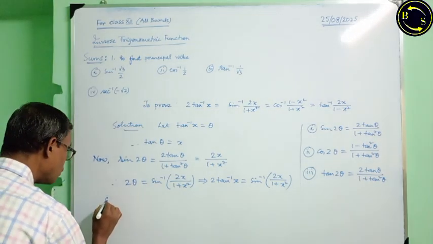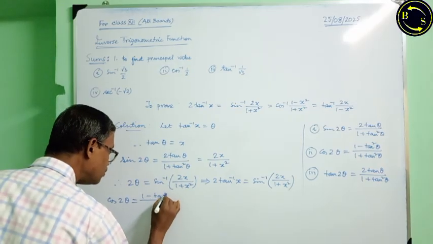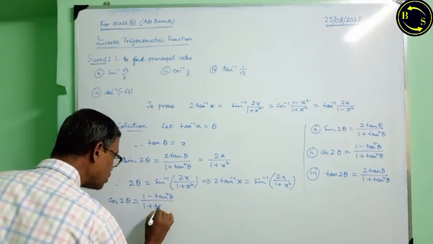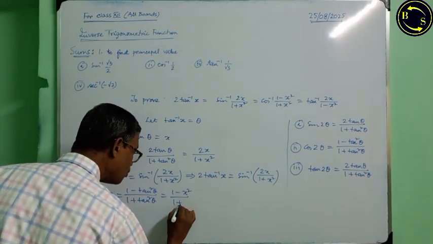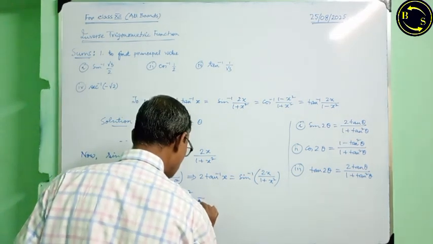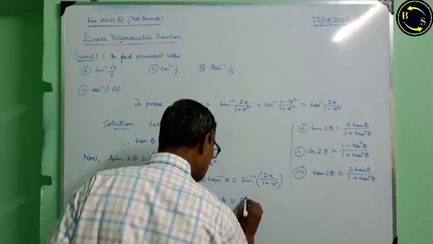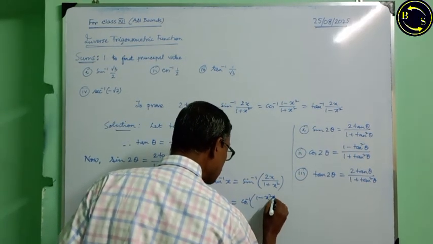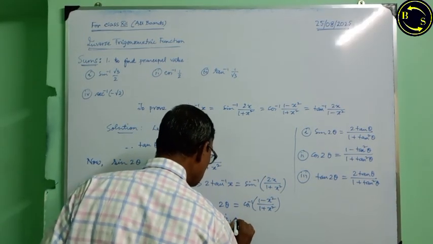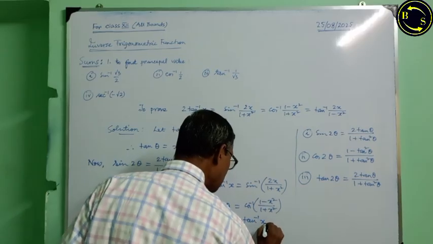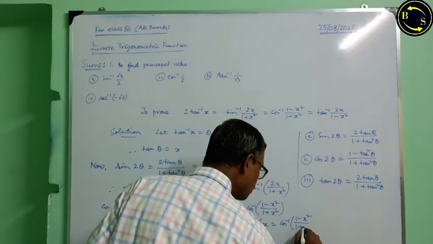Next, cos 2 theta, 1 minus tan square theta by 1 plus tan square theta, that is 1 minus x square by 1 plus x square. Therefore 2 theta is equal to cos inverse 1 minus x square by 1 plus x square, that is 2 tan inverse x equal to cos inverse 1 minus x square by 1 plus x square.